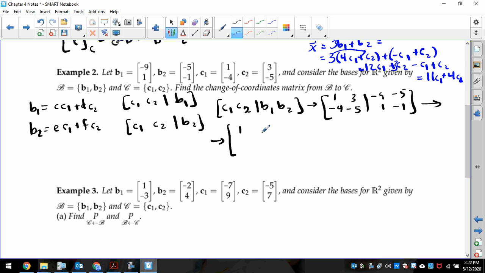So let's eliminate that -4. So that's going to be 12 onto the 5, so 6. And then that's going to be negative, what is that? 36, so -35. And then that's a 5.